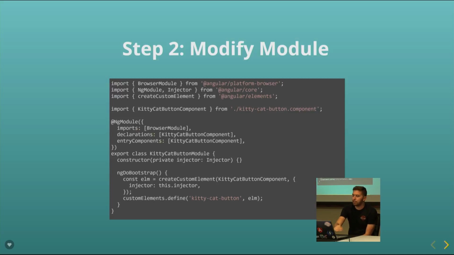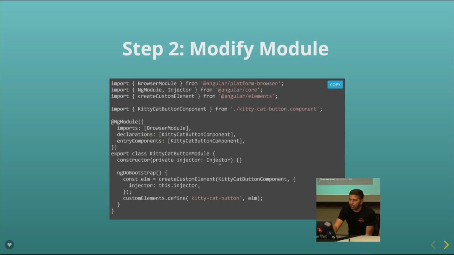We still have the entry components block here, where we're saying all of the components that we're going to be compiling as web components. Here we just have a kitty cat button component that we're going to be making today. You see that here on line 3, we're importing createCustomElement from @angular/elements. They give us a really nice, easy way to create these elements based on an Angular component.